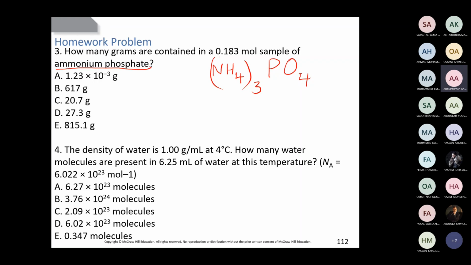Okay, if I have 0.13 mole, how many grams do I have? Give me an answer quickly. 25.088.